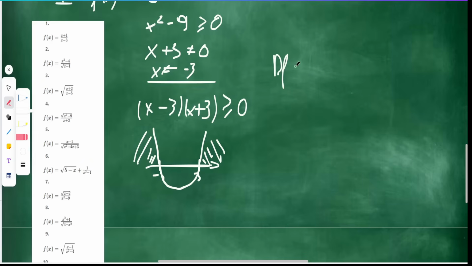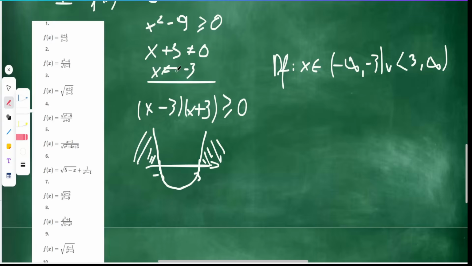So the domain of the function will be all x's belonging to the interval from minus infinity to minus 3, open, because minus 3 cannot belong here, and from 3 to infinity. Note that 3 is closed, minus 3 is open. It means that 3 belongs to the domain of the function. Minus 3 should be remembered: we eliminated it with this second condition.